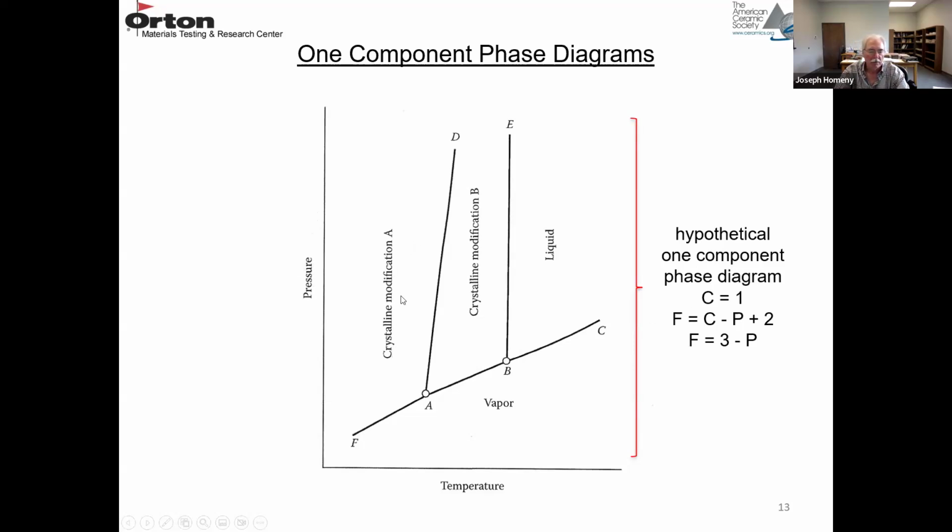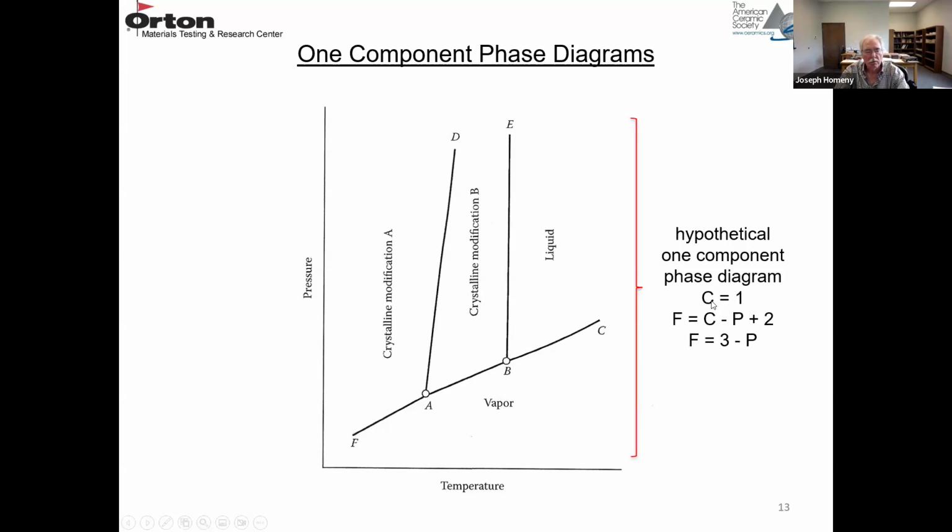So this is basically a map. Right in this region is crystals A. This region has crystals B. And then as we go up in temperature, we have a liquid phase here. So there's crystal A, crystal B, and liquid. And at low pressures, we have a vapor phase present.